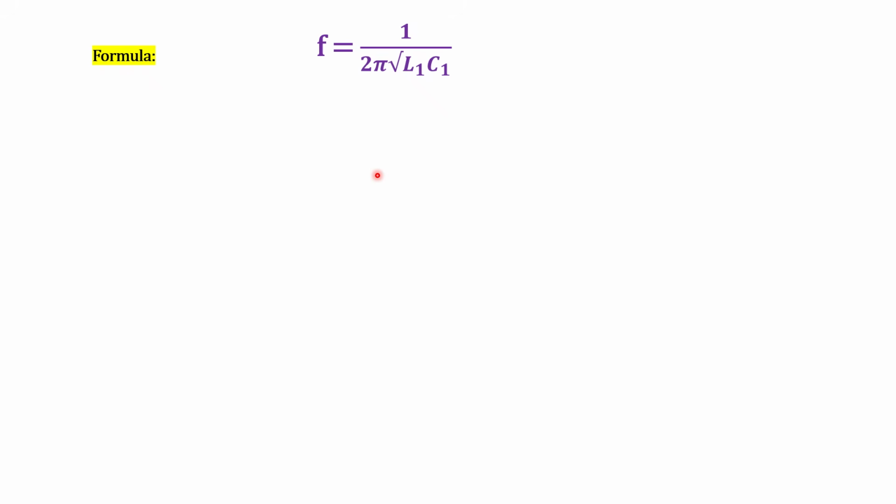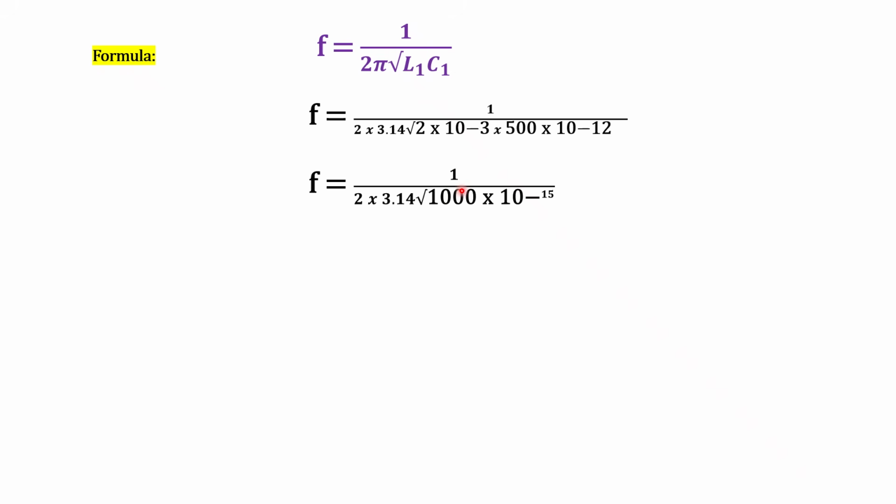Now let's see. The formula is f = 1/(2π √(L1 C1)). Put the values of L1 and C1 into the formula. Here simply 500 multiplied by 2 will be 1000, into 10 to the power minus 3 and 10 to the power minus 12, that will be 10 to the power minus 15. 10 to the power minus 15 into the 10 to the power 3 will remain as 10 to the power minus 12.